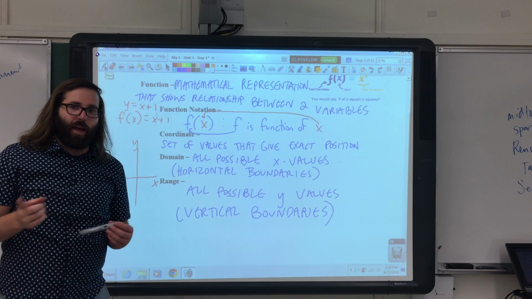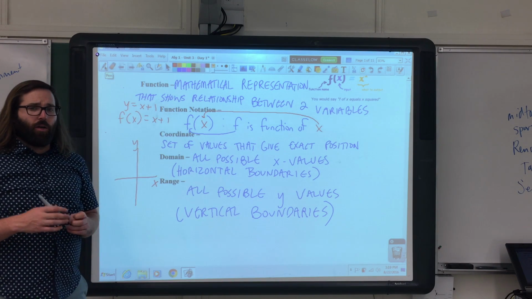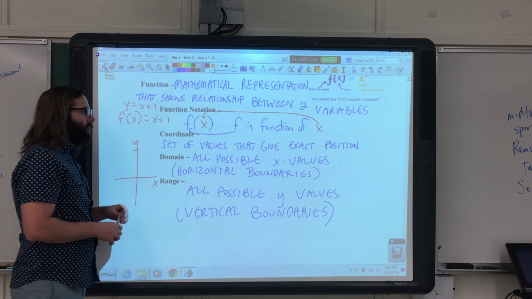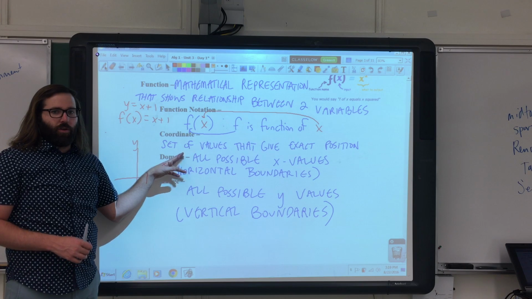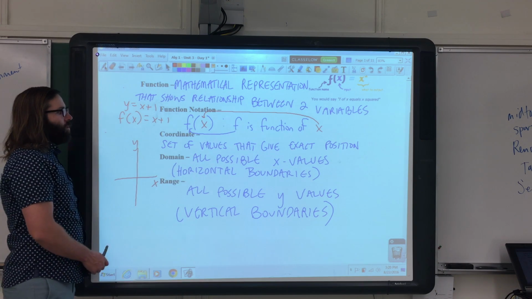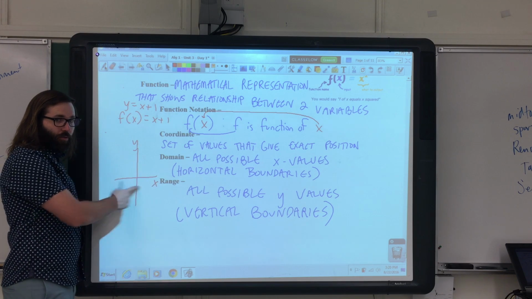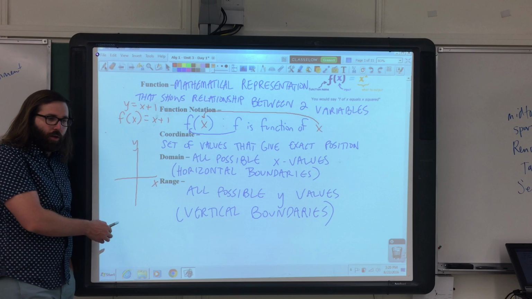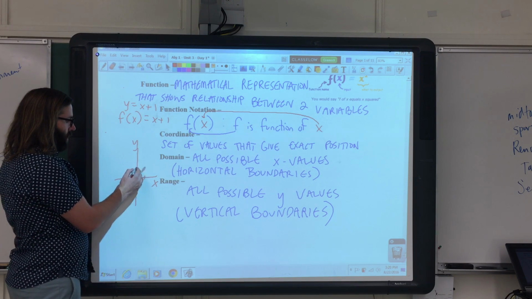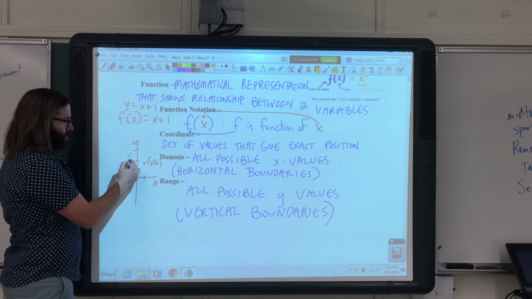Okay. Since we're dealing with x and y, we're going to be talking about coordinates on a coordinate plane. Hopefully you know a little bit about these. But a coordinate is just, it gives you an exact position or an exact solution. So in our coordinate plane, we're going to have x on the horizontal line and y on the vertical line. So a coordinate will look something like (1, 2).